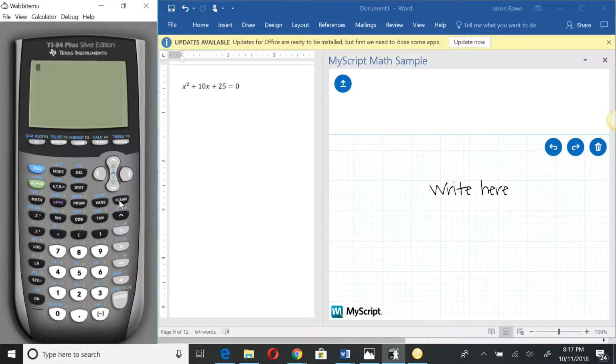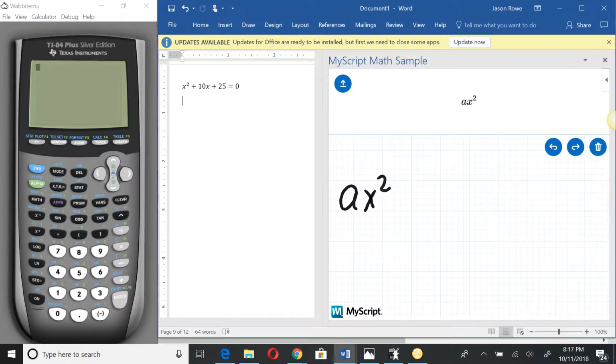And remember that when we use the quadratic formula, we're focusing on the fact that the equation is in standard form. So standard form is ax squared plus bx plus c equals 0.